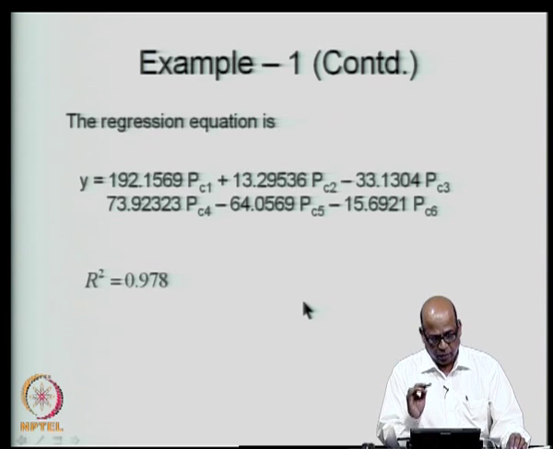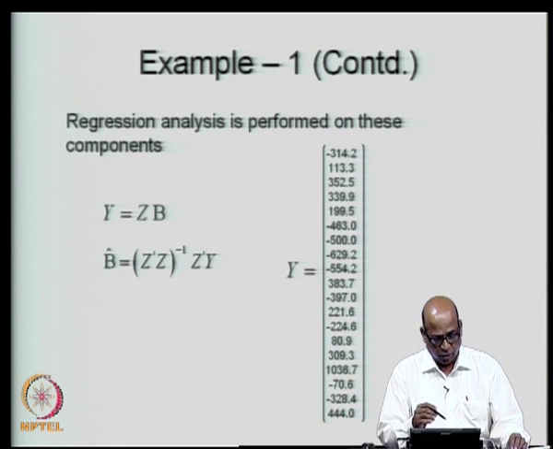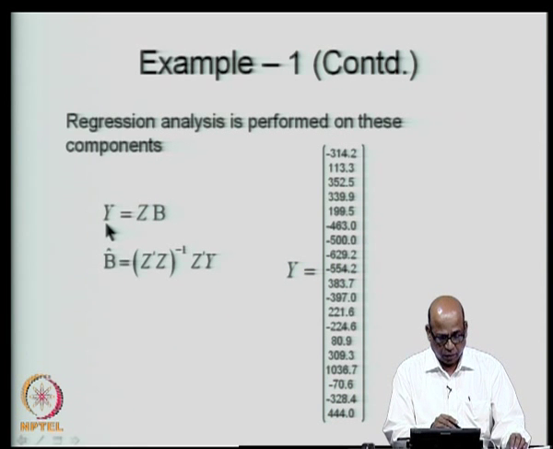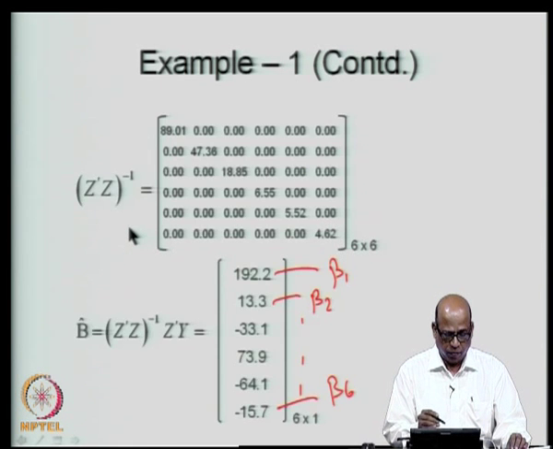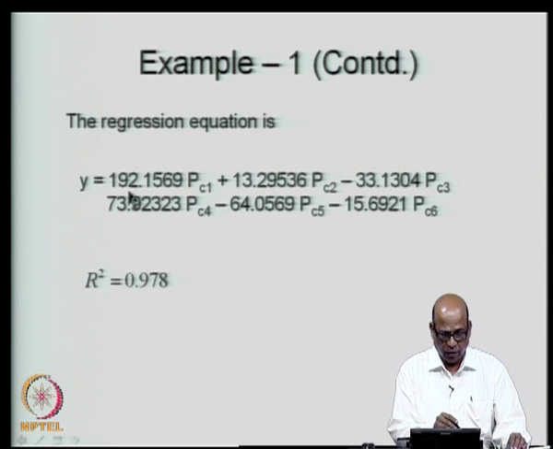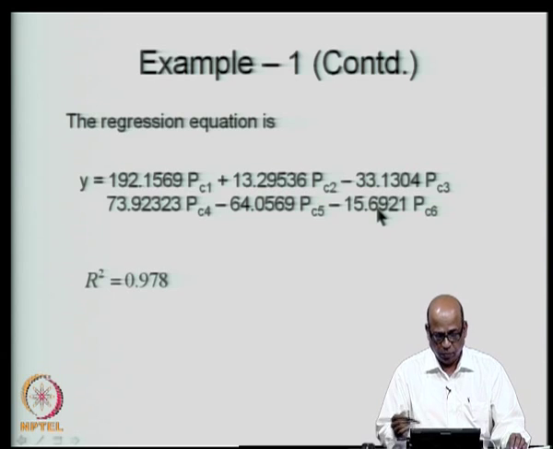Now, there are two important aspects here. We are writing y is equal to z b, and in the long form we are writing this as y is equal to these beta 1, beta 2, beta 3 etcetera values.